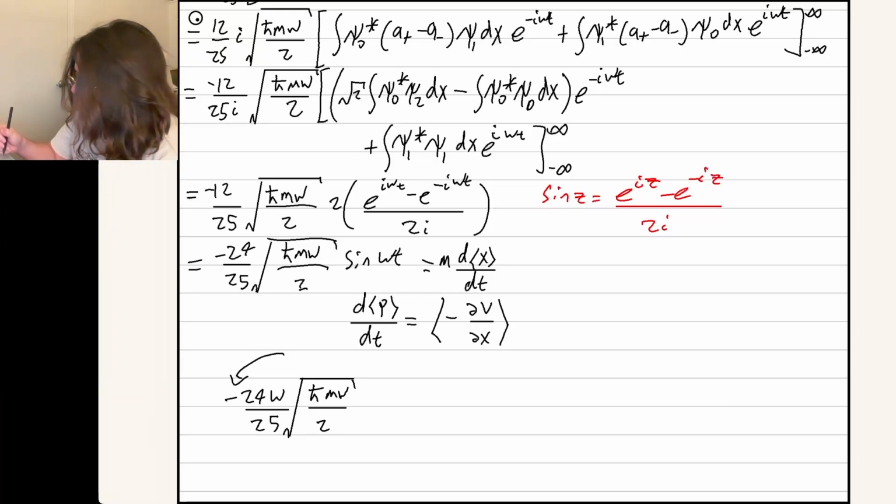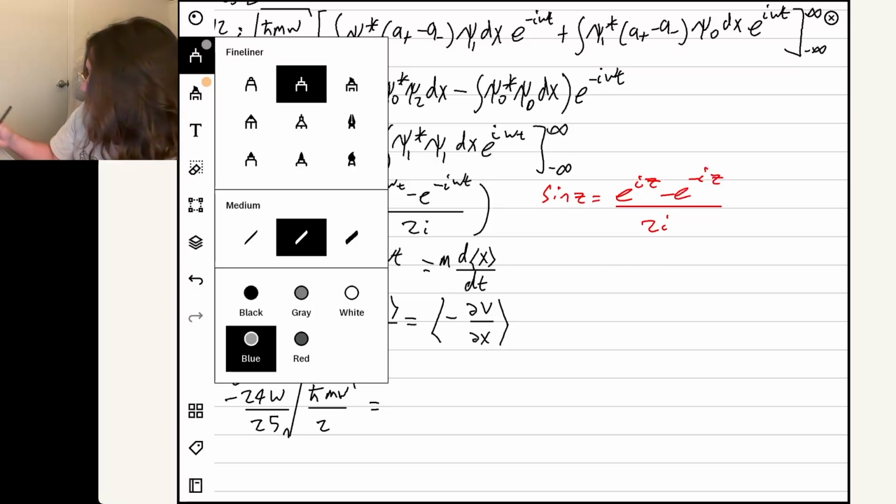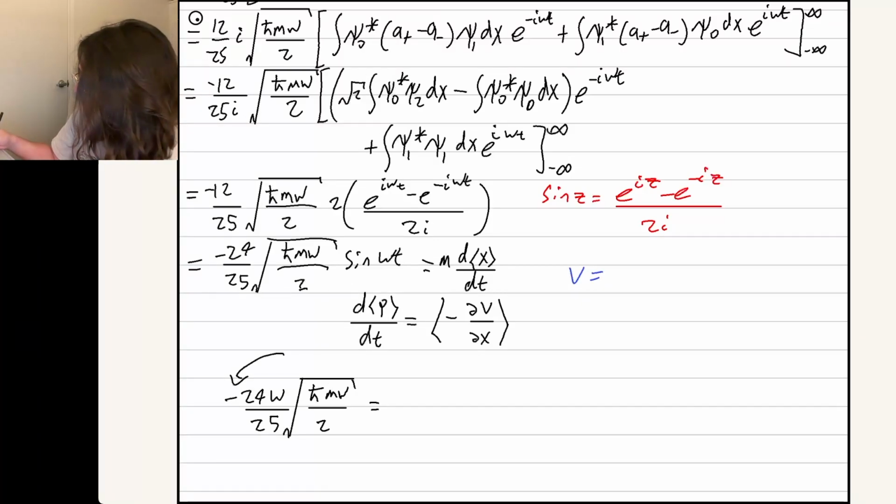But on the right-hand side, first of all, we have to define the potential for the simple harmonic oscillator, that being that V equals m omega squared x squared over 2, so that we know we're just taking the expectation value of minus m omega squared x.